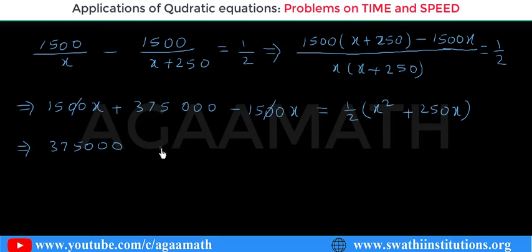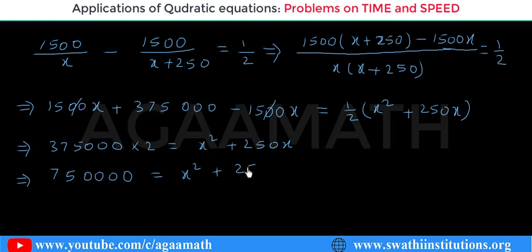When I multiply this with 2, 375,000 becomes 750,000, equals x square plus 250x.